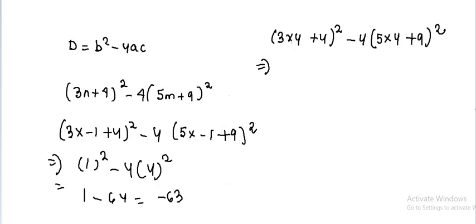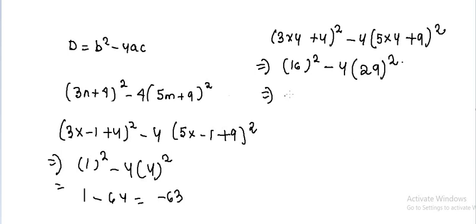Further simplified, 3 into 4 is 12, 12 plus 4 is 16, 16 whole square minus 4 into (5 into 4 is 20, 20 plus 9 is 29) whole square.